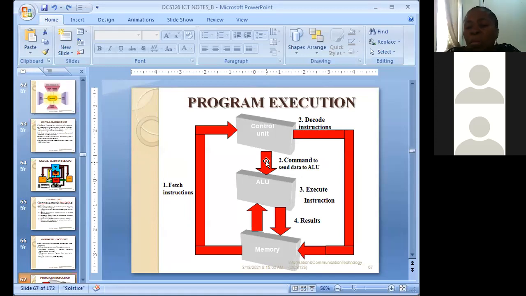You can call them command signals, signals that tell the other unit what to do. So it will send a command to send data to the ALU. The ALU receives the data and then executes the instruction. After that, the results are sent back to internal memory for storage.